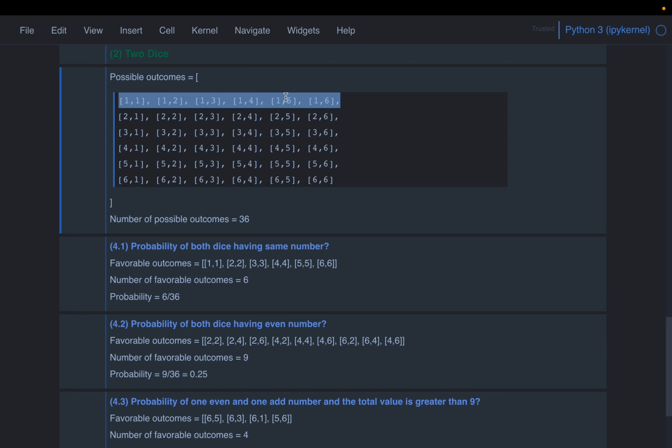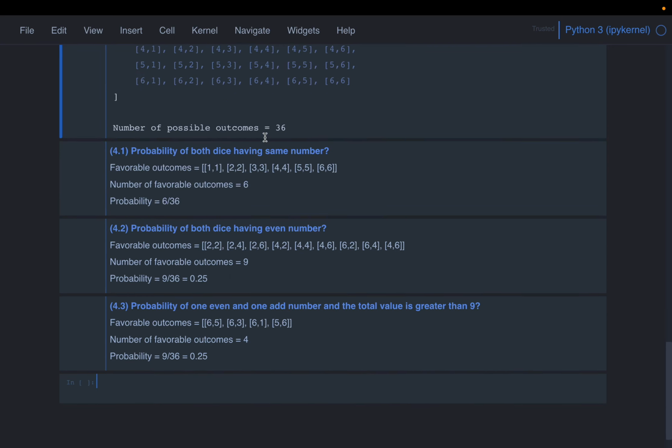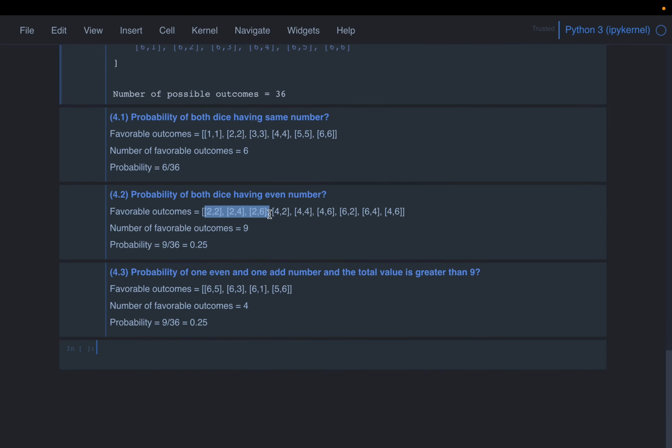So we can rule out this one, right? Because the first die is not an even number. Now, if you look at this row, yes, the first die is always an even number, but the second die sometimes can have an odd number, right? So the favorable outcomes are 2 2, 2 4, and 2 6. So from the second row, we have 3 favorable outcomes. Okay, 2 2, 2 4, and 2 6.